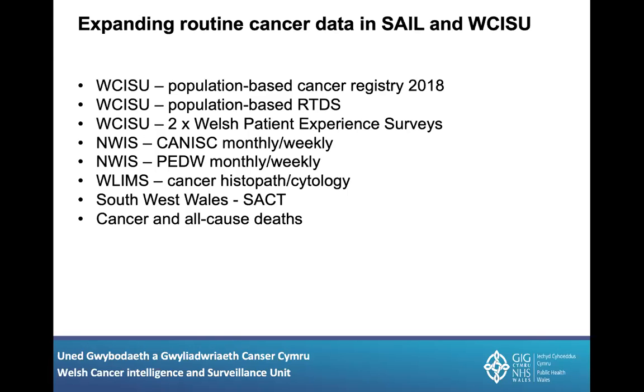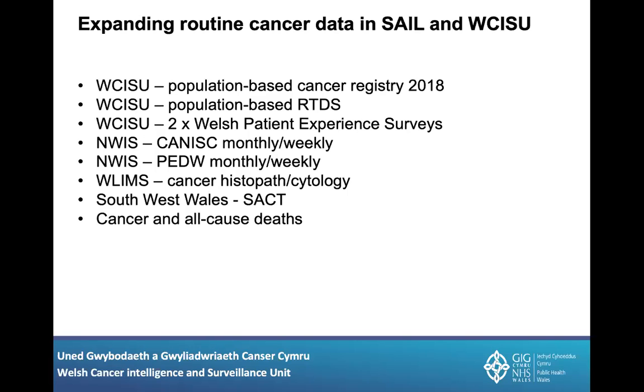We already know that, for example, with lung cancer patients, about half present as emergencies, but has that increased or decreased? We know that screening services stopped, for example, for a long time. And how has this affected patients with other cancers?